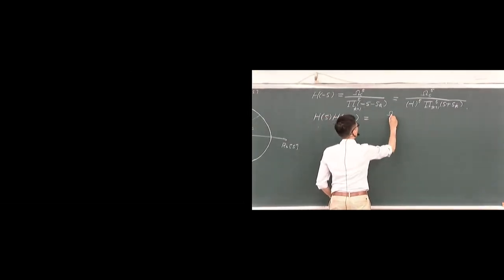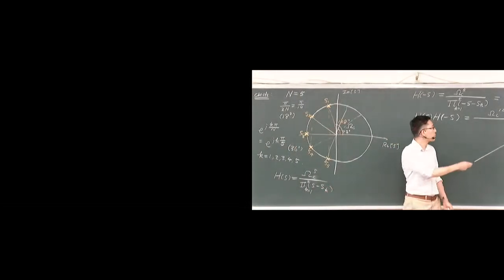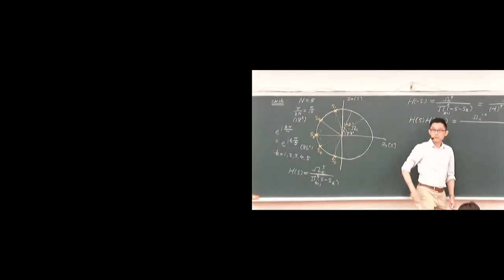Now we have omega c to the 10th power on top, since the tops multiply. How about the bottom part? Here the bottom part is s minus sk, and there it is s plus sk.